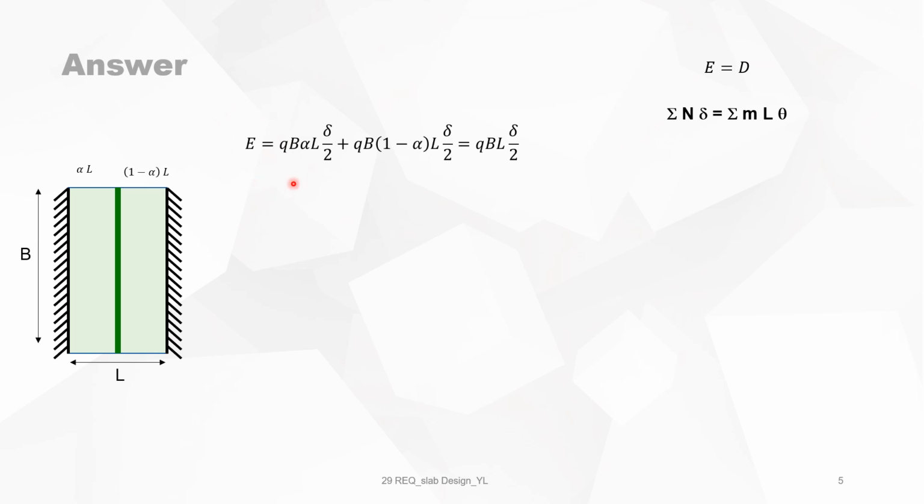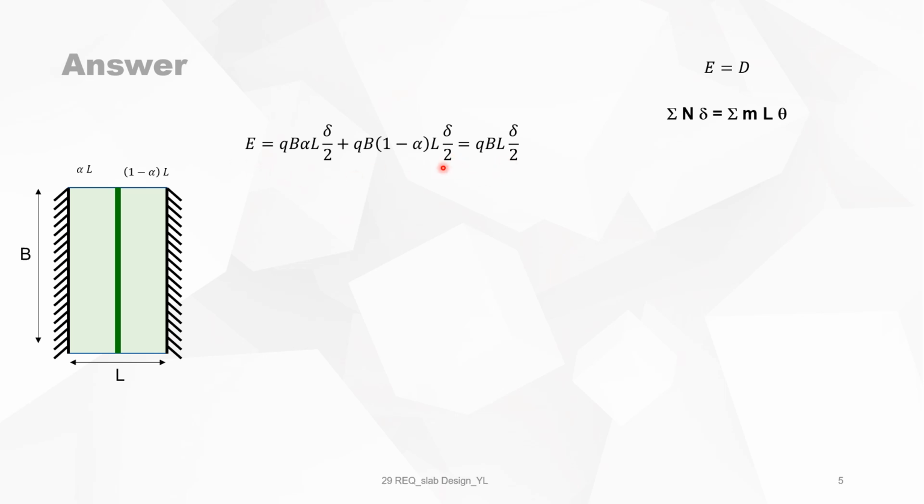The work done by the external forces is, for this slab, the total load on this portion of the slab, which is q times B times the length alpha L, and the mean deflection of this is delta over 2, because it's a rectangle. Then we take the other part, it's also B times q, the total load, times (1 minus alpha) L, and also the mean deflection is delta over 2.